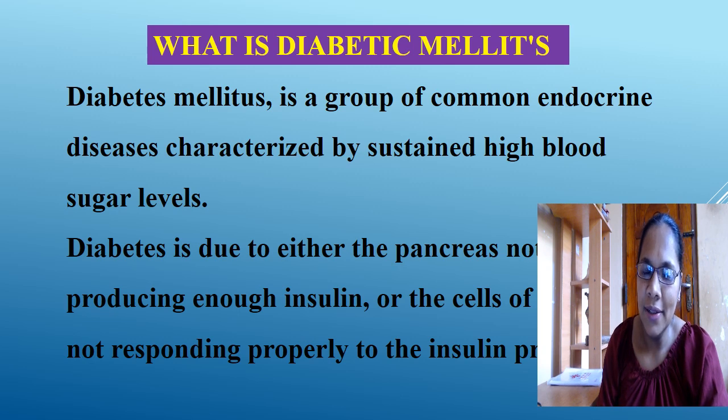Simply, diabetes mellitus is identified by high blood sugar level in our blood circulation due to insulin insufficiency.